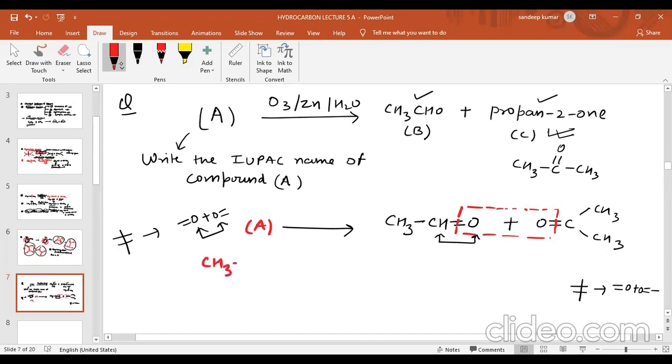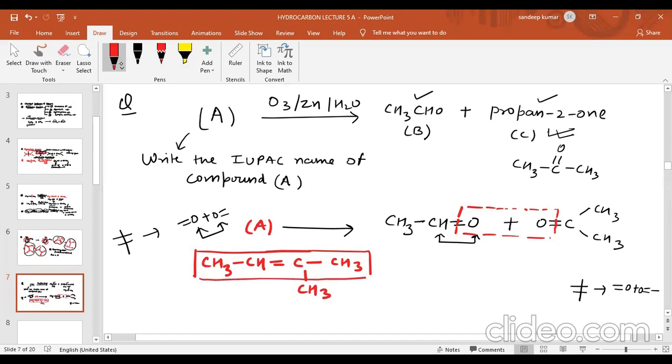So the compound A will be CH3 CH double bond C CH3 and CH3. And what is the IUPAC name of this compound? Select the longest chain. So this is basically the longest chain.